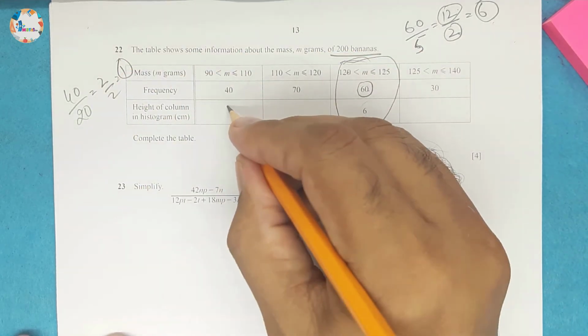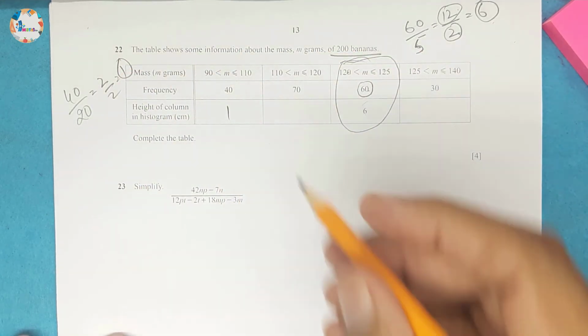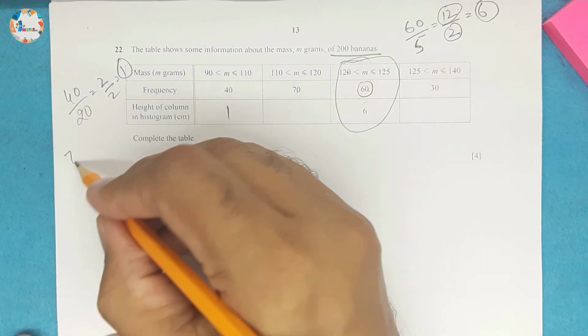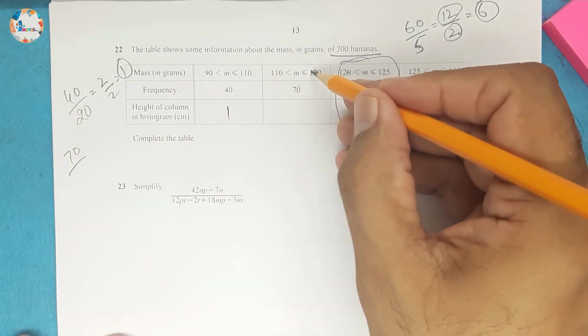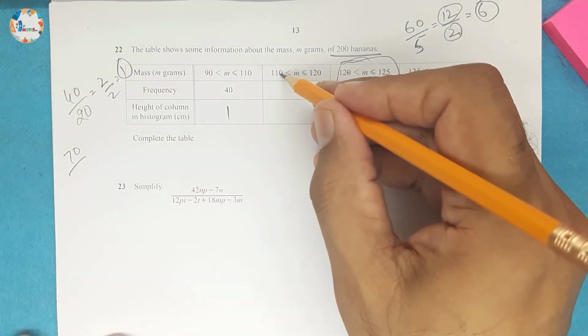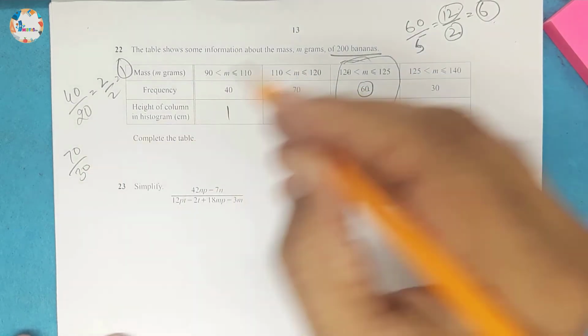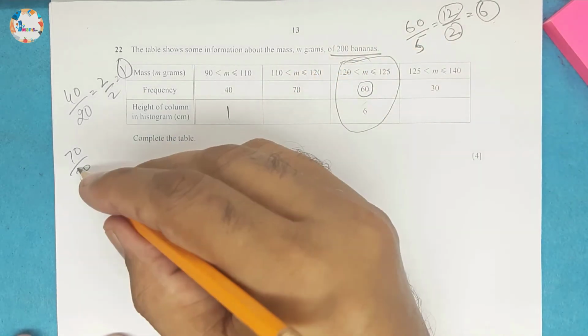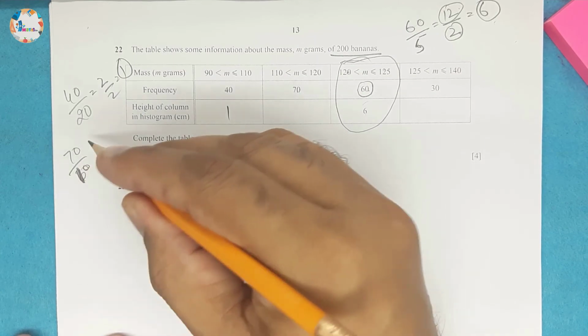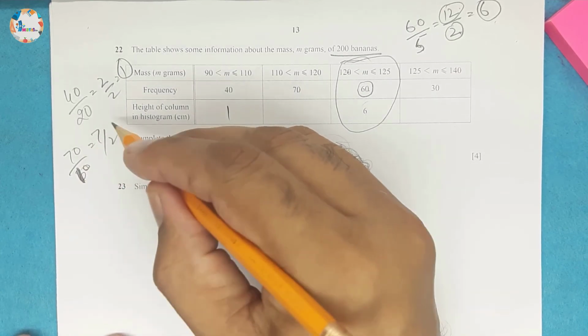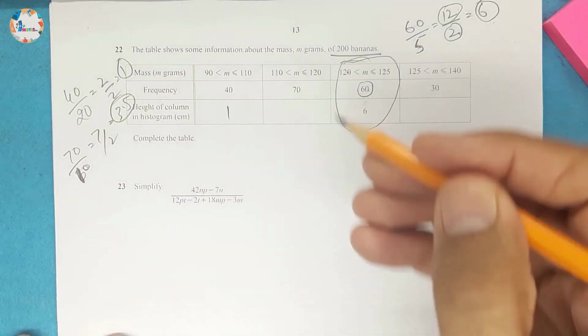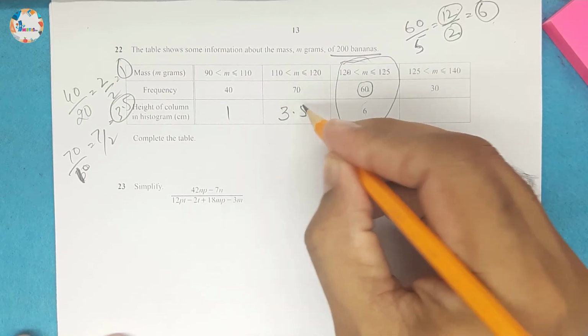So we will write here 1. Similarly for this one, 70 will be divided by its class width, which is 10. So 70 divided by 10 will be equal to 7. Now we'll divide it by 2, and we'll get 3.5. So here it will be 3.5.